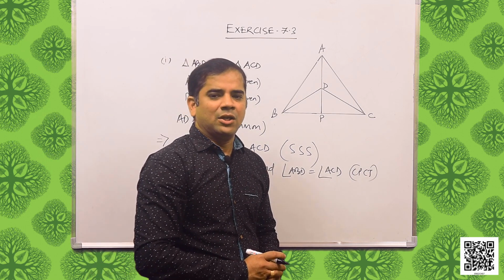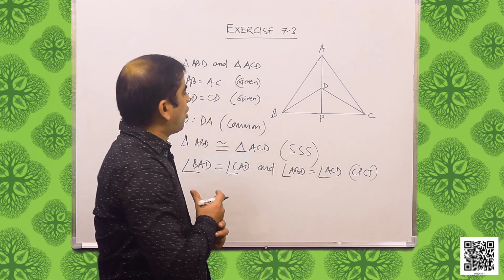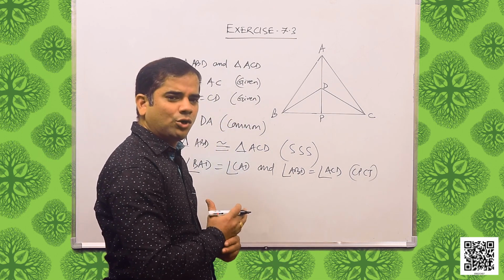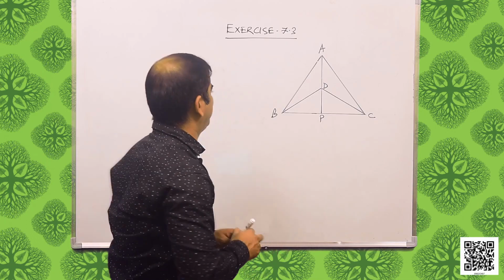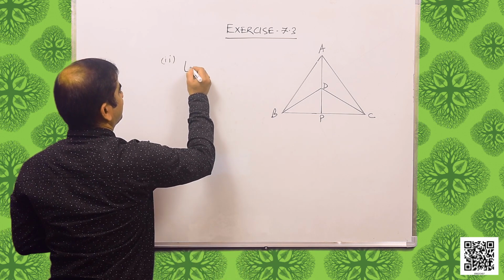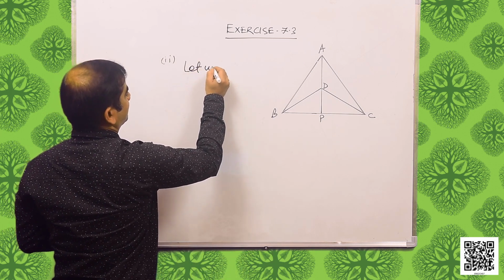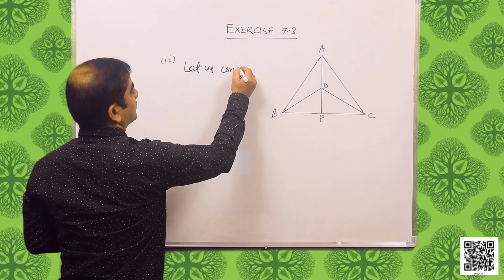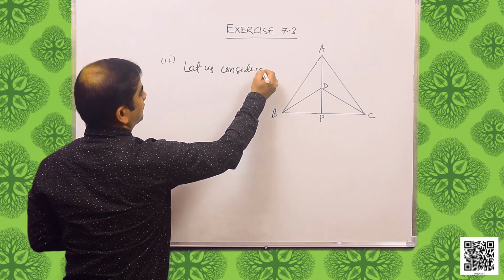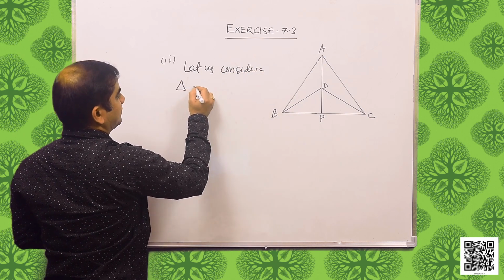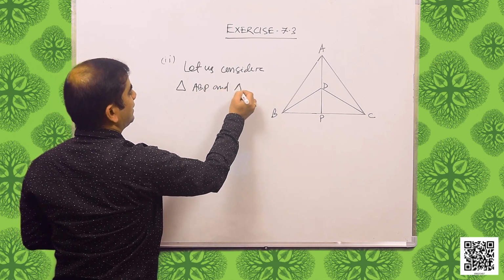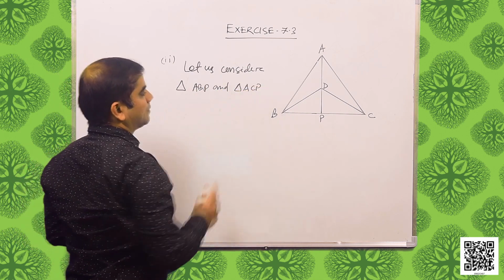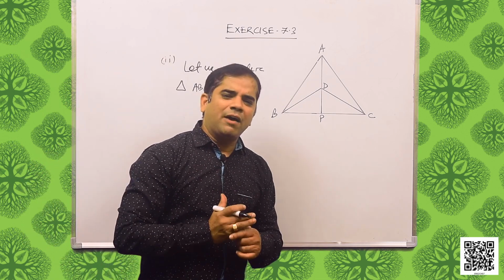Fine. So, bit 1 is now clear. Hope you have understood. So, let us consider triangle ABP and triangle ACP. What we have?